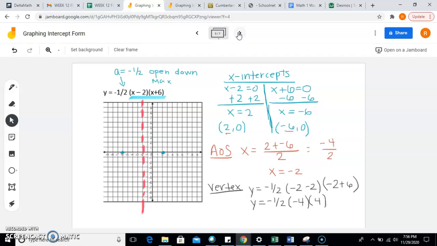So half of 4 would give me 2 times 4, which gives me 8. So my vertex was (-2, 8). So there is the middle of my graph. And we're going to just connect our points. And there would be our parabola.